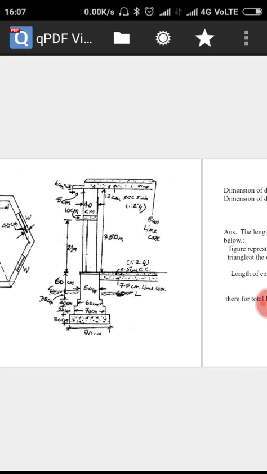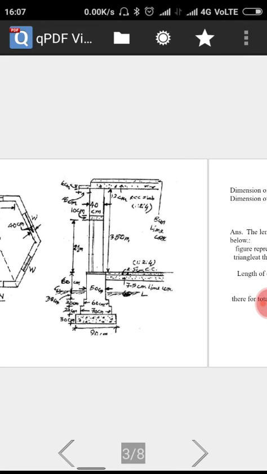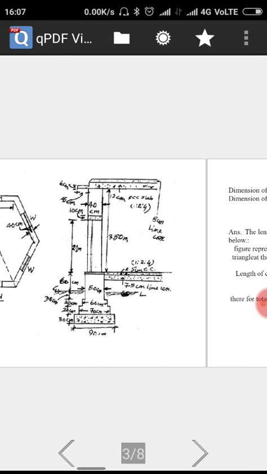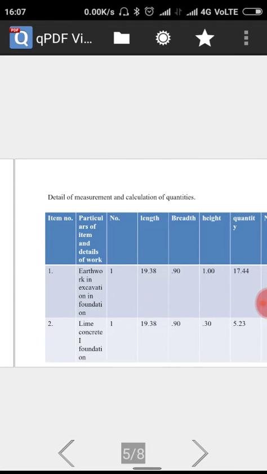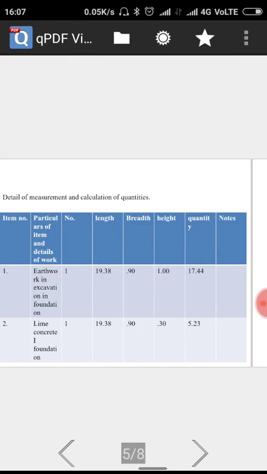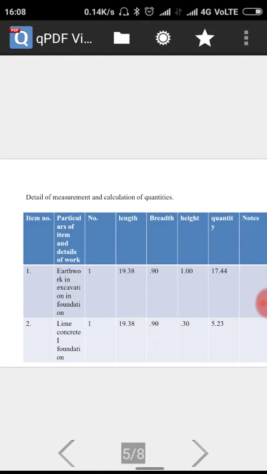The height will be 30 plus 20 plus 20 plus 30, that is equal to 100 centimeter, that is 1 meter. So length is 19.38, calculated previously, width is 0.90 meter, and height is 1.0 meter. So the total quantity is equal to 17.44 cubic meter. That is the earthwork.